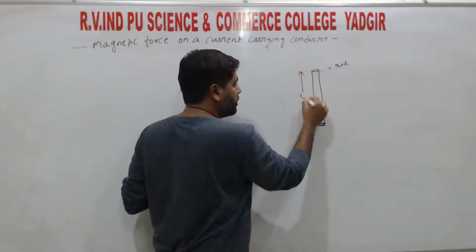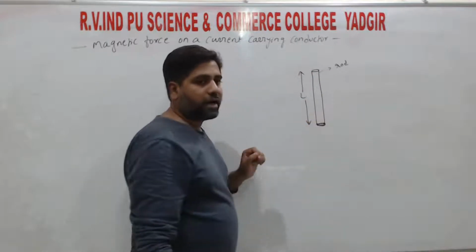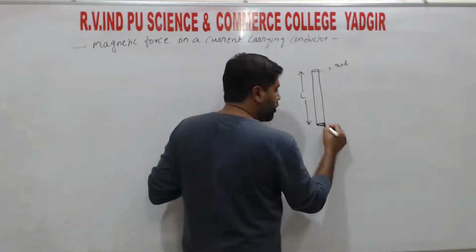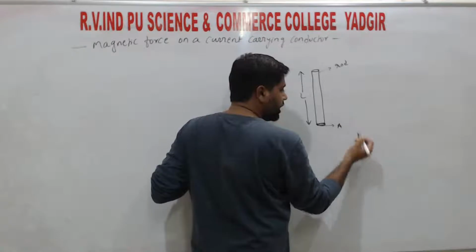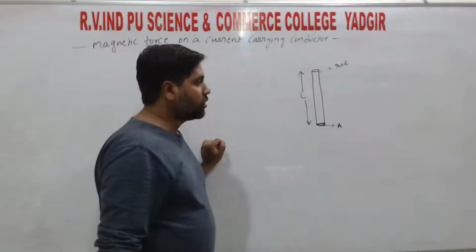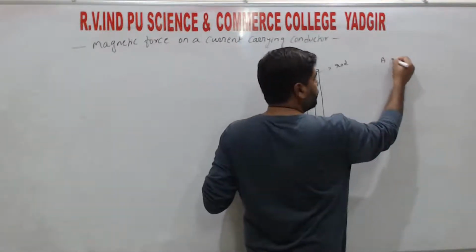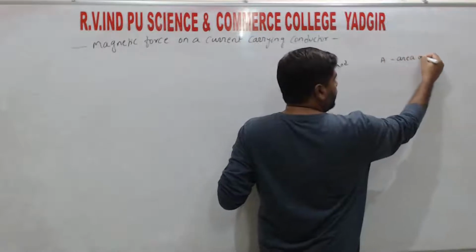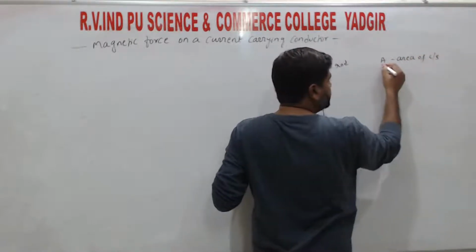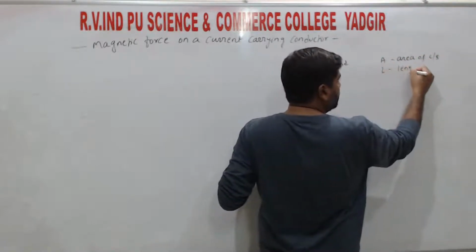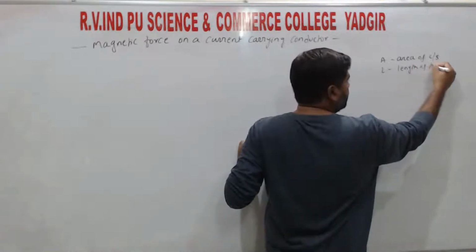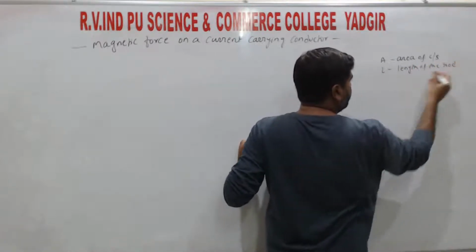So we take this as length L, right? It has a uniform cross-sectional area A, where A is the area of cross section and L is the length of the rod.